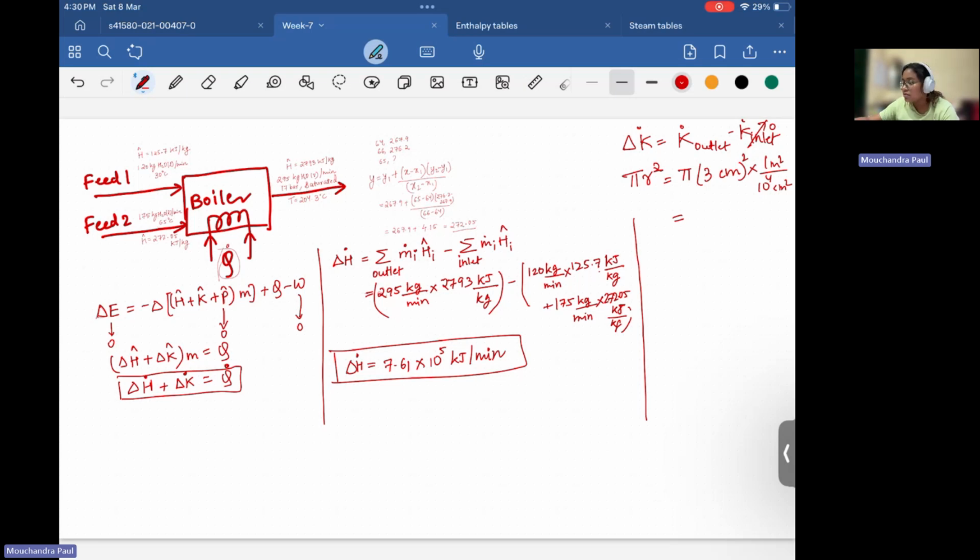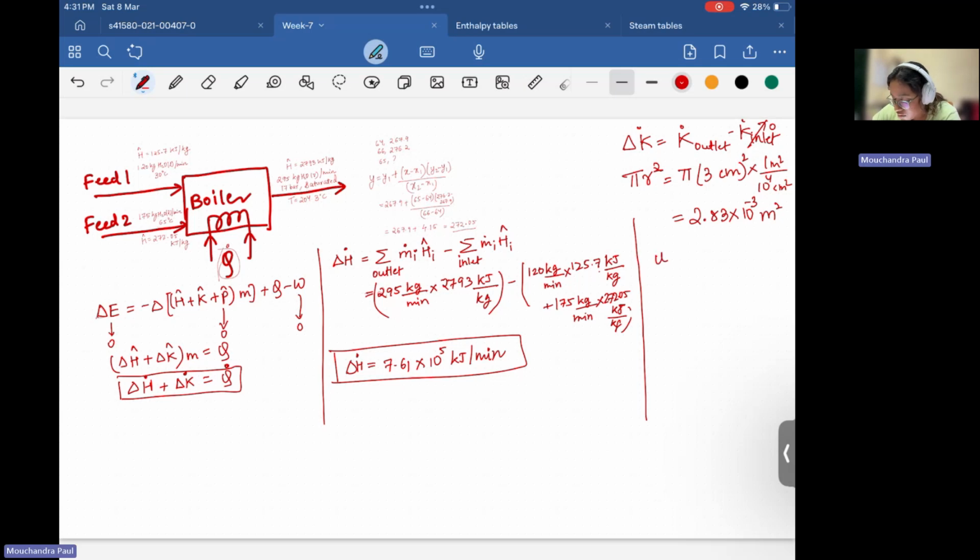So if you do that, you should get area as 2.83 × 10 raised to the power minus 3 meter square.